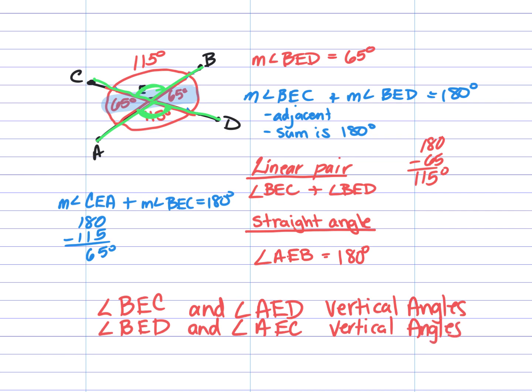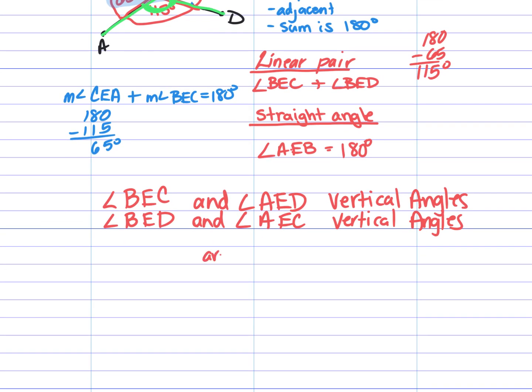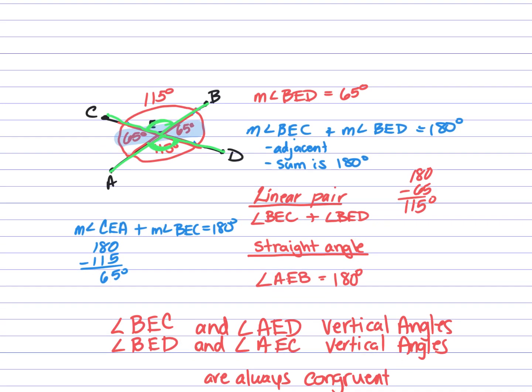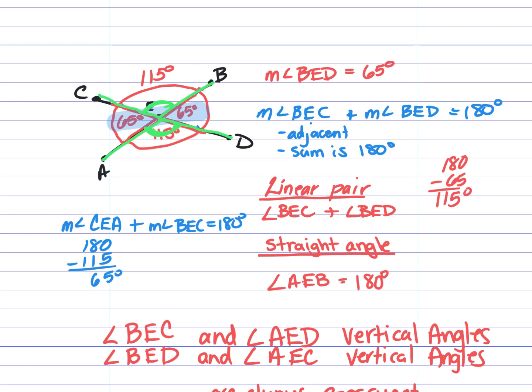And vertical angles are always congruent. All right, so a quick recap. We learned about vertical angles. Vertical angles are across from each other when two lines intersect, and they're always congruent.